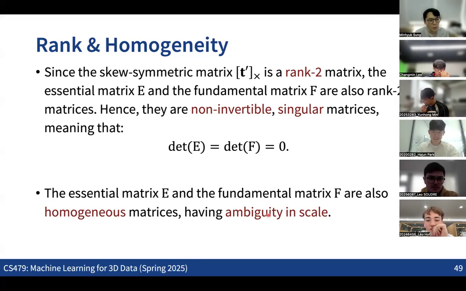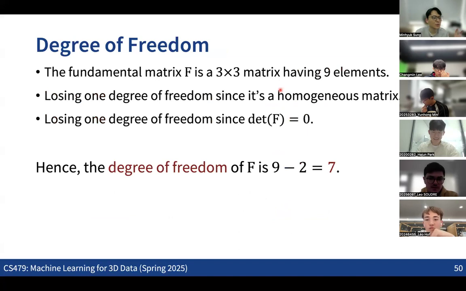This means that while we have 3x3 matrices with 9 elements, the degrees of freedom for each matrix will be 7, because we have two constraints. One is the scale ambiguity, and the second is that the rank should not be full, it should be 2. So this means we need 7 equations to determine each of the fundamental matrix and the essential matrix.